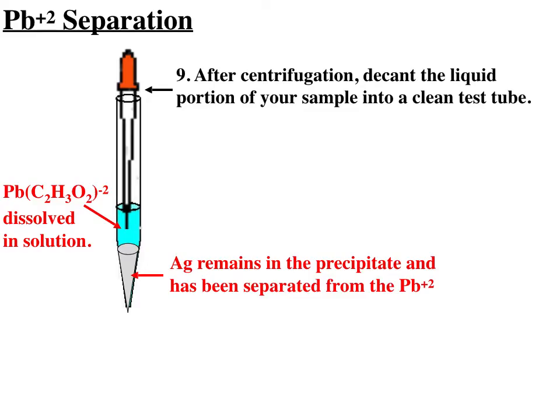First thing I'm going to do is get another disposable pipette, and again I'm going to carefully decant or suck off the lead acetate containing aqueous phase medium and separate it from the solid precipitate at the bottom. Now again, we have to be really careful when we do this.